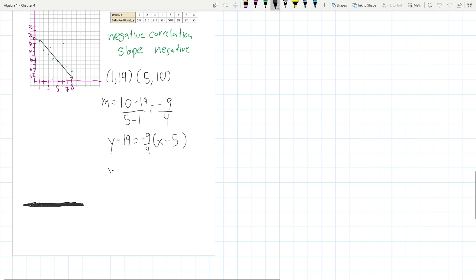So going from that, y minus 19 equals negative 9 over 4 x. Negative 9 times 5 is positive.